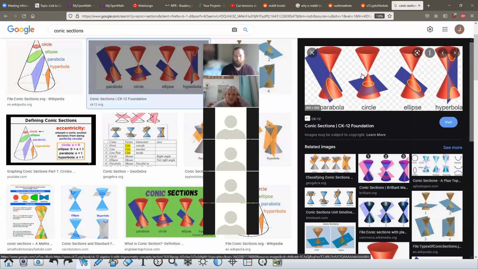If you slice perfectly flat, you'll get a circle. If you slice just slightly off kilter, you'll get a stretched out circle called an ellipse. If you slice like this, off kilter more, so the bottom of the plane does not come around the base circle here, you'll get a parabola. And if you slice straight up and down, you'll get something called a hyperbola.